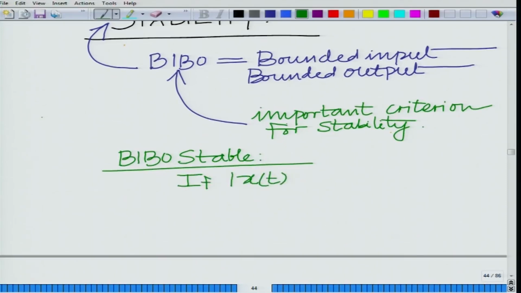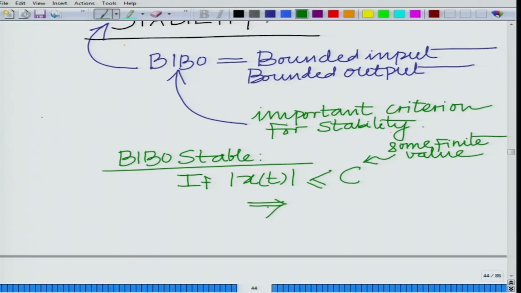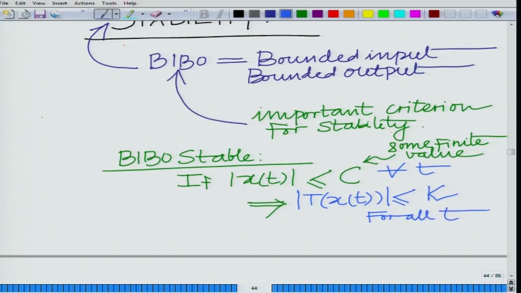the input is bounded, magnitude of x t less than or equal to c, where c is some finite value, then this implies that the system output, for all t, must be less than or equal to some other constant k also for all t.